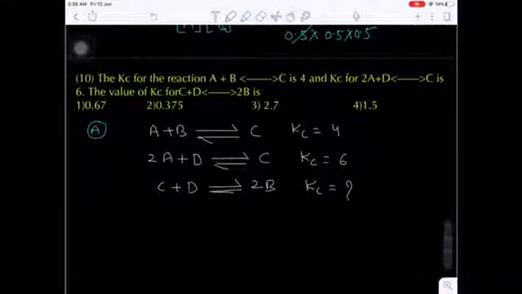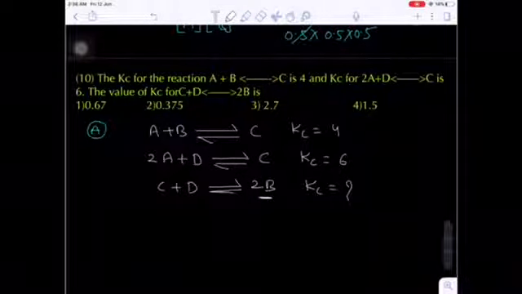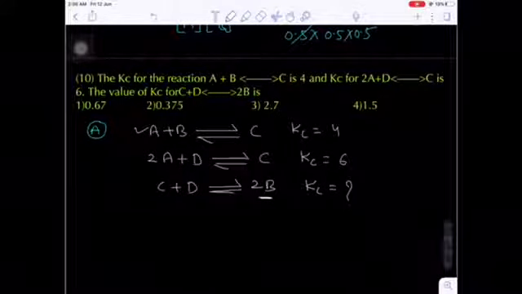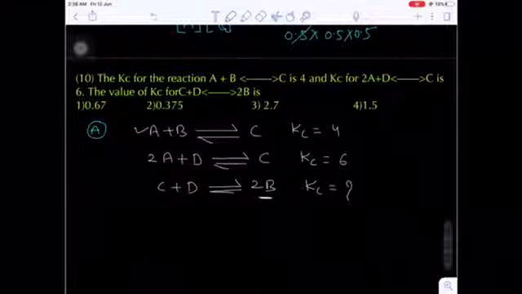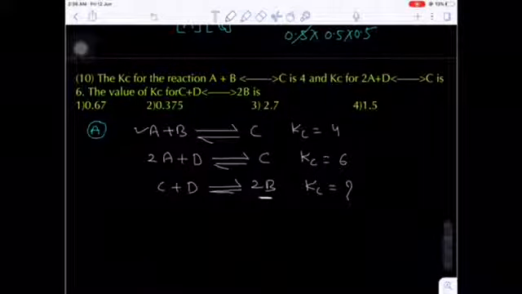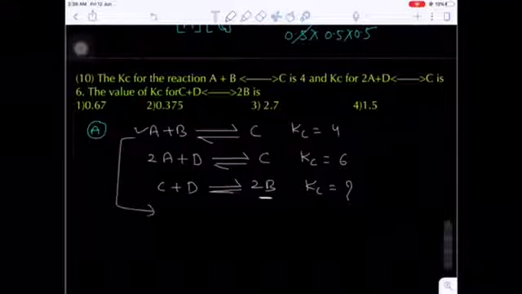Okay, first of all, in the required equation, the B value will be on the right hand side. But in equation number 1, B will be on the left hand side. So first of all, inverse the reaction, that is, the reactants and products are interchanged.